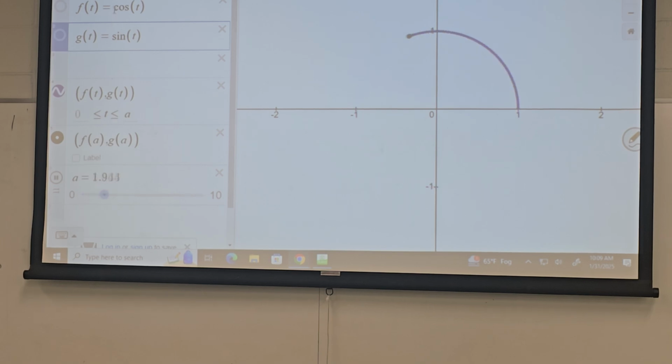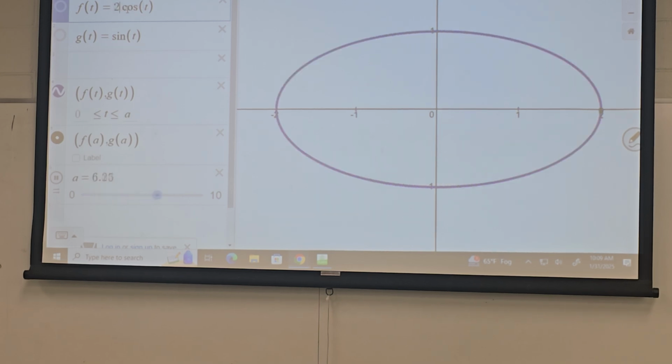Before I put this in, what happens if I put a 2 in front of my cosine? What if the x coordinate is now allowed to be pulled out from -2 to 2, but y still stays fixed between -1 and 1? It's going to shrink. Is there a more precise word for that? It's an ellipse. Ellipse, right.